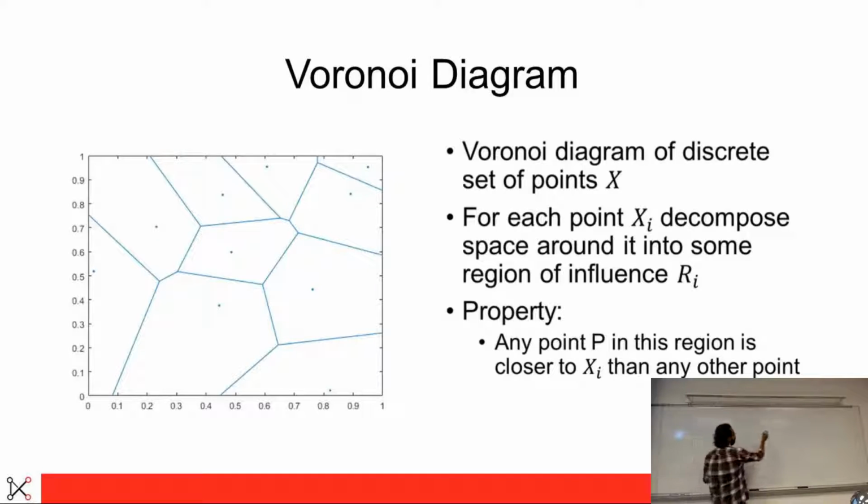Actually, this drawing is wrong, it should be proper lines, but yeah. Any point P in this region will be closer to x_i than any other point x_k. And that allows you to get a figure like that.